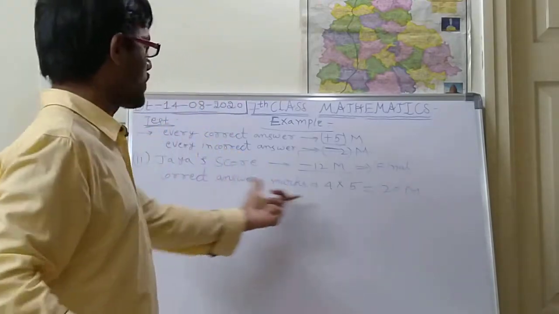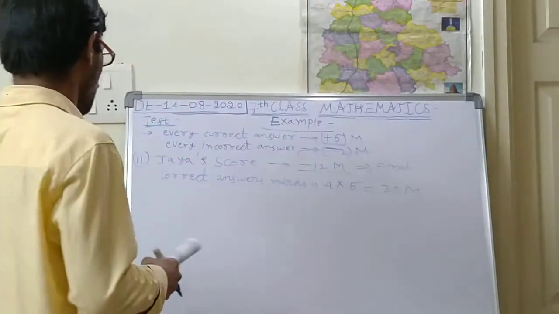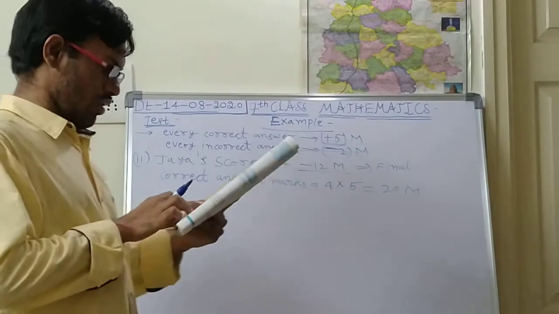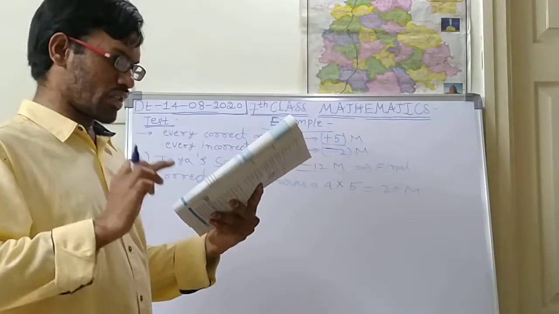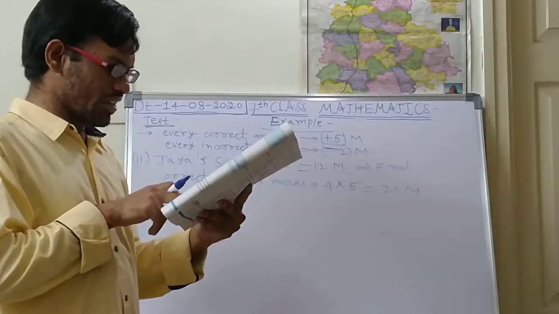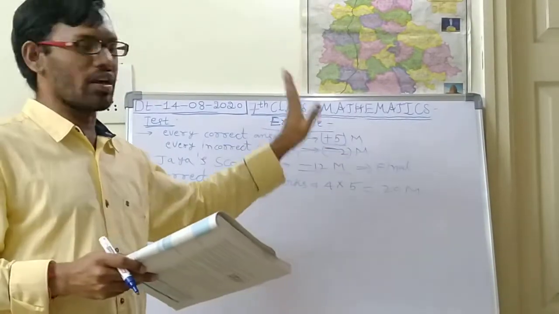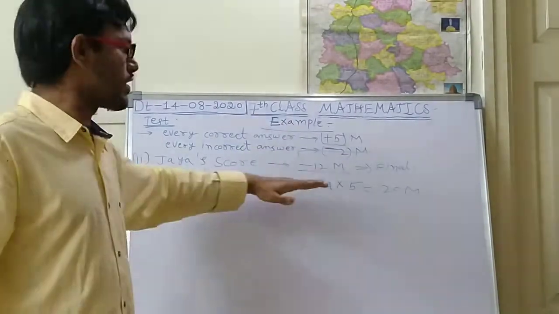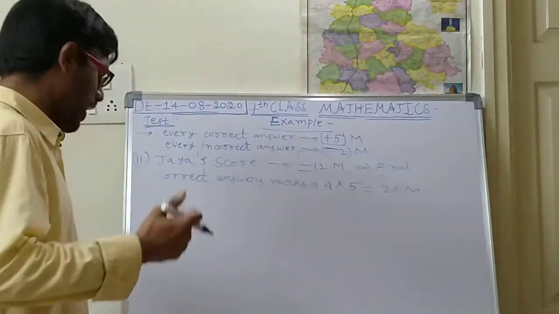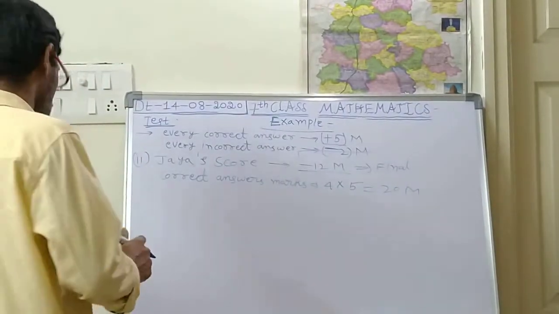So for the correct answers she got 20 marks. Okay. Jaya also answered all the questions and scored minus 12 marks through 4 correct answers. So we got the correct answers marks. Now we have to calculate the incorrect answers also.